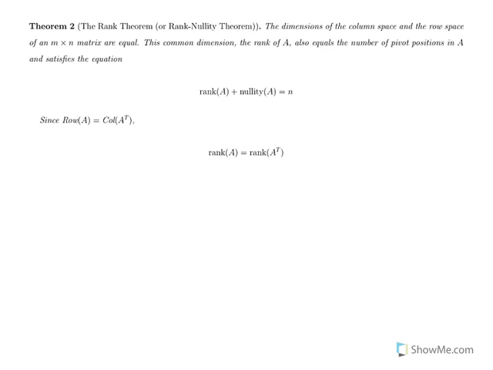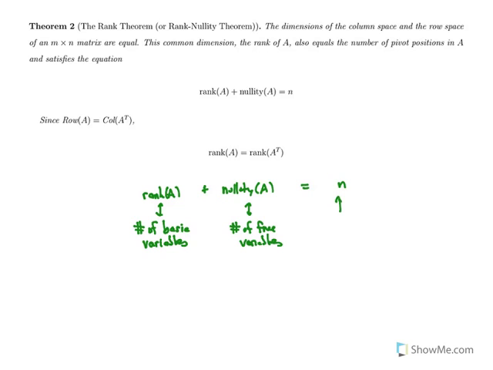Another way to think about this important equation, rank of A plus nullity of A, we can say that rank of A is the same thing as the number of basic variables, the nullity of A is the number of free variables, and this is going to be equal to n, which is just the number of variables that we have, or the number of columns.